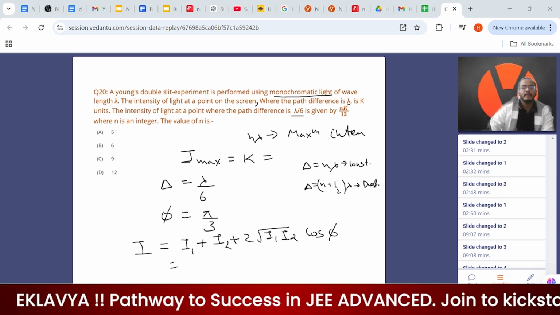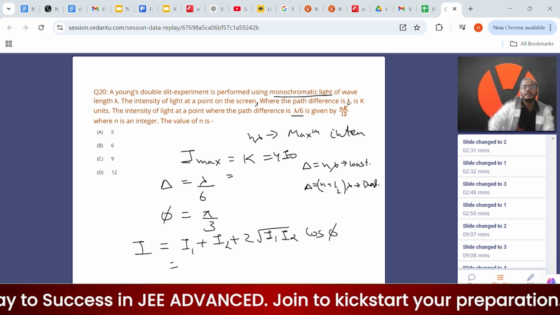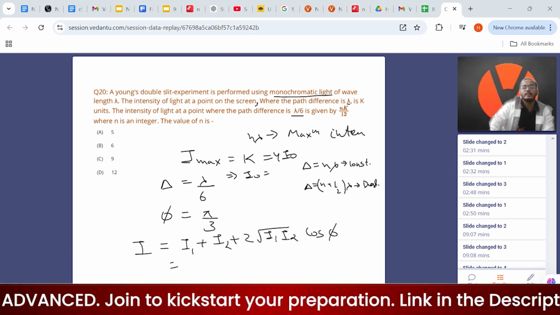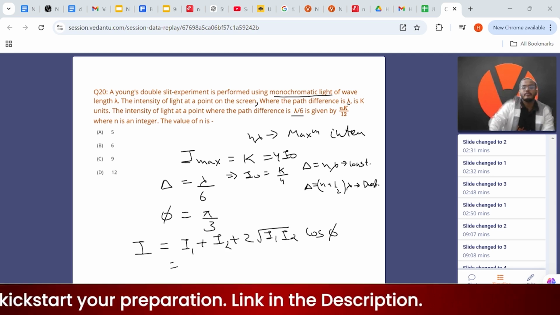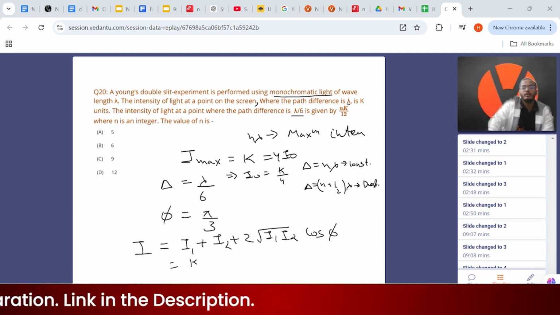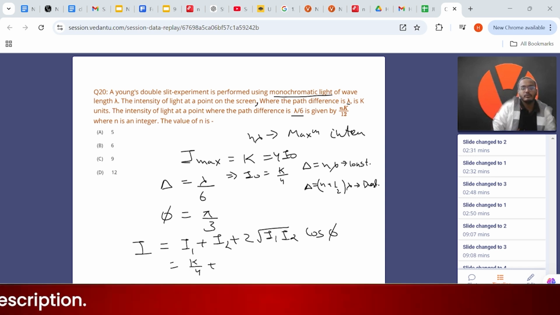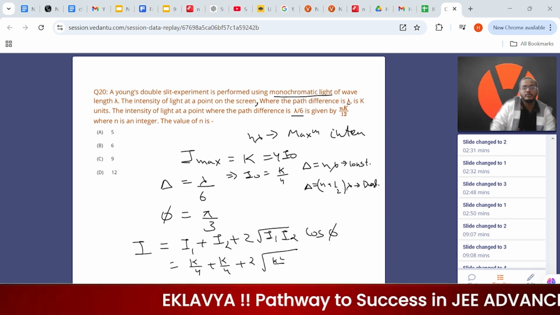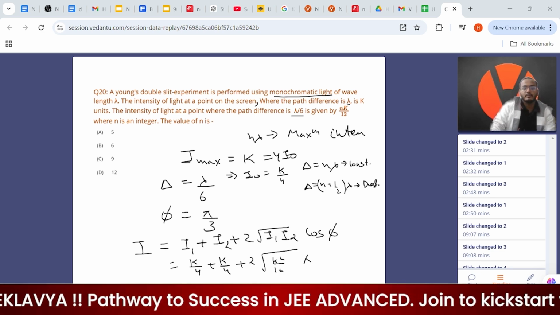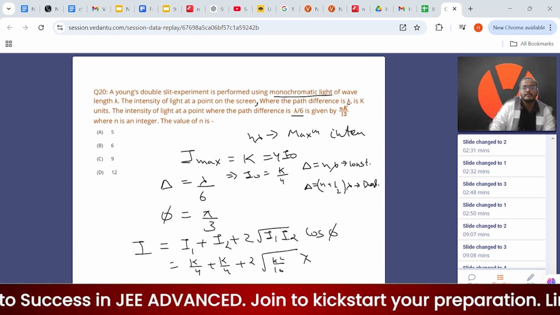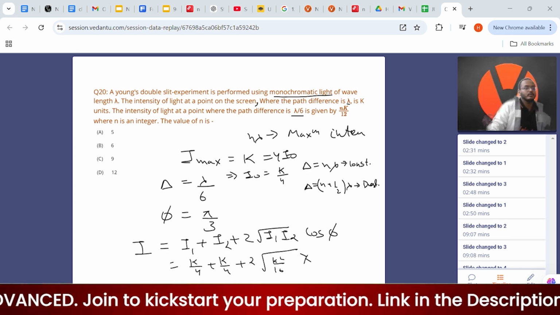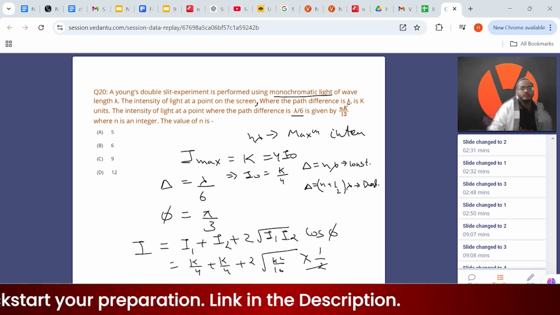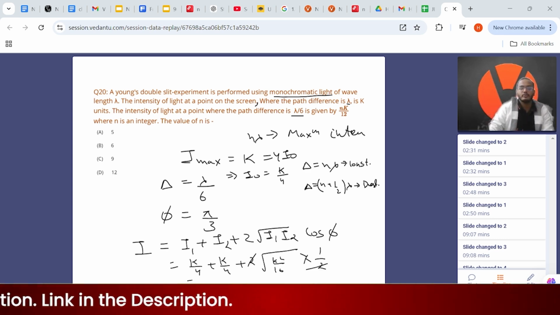I max is actually equal to 4 I naught, we all know that. So I naught will be equal to K by 4. So when we put this value, it will be K by 4 plus K by 4 plus 2 root K square by 16 cos phi, that is cos pi by 3, which is equal to 1 by 2. 2 and 2 will get cancelled out.